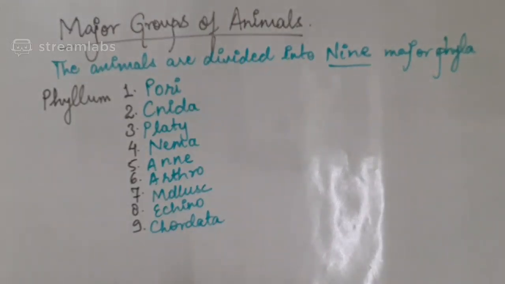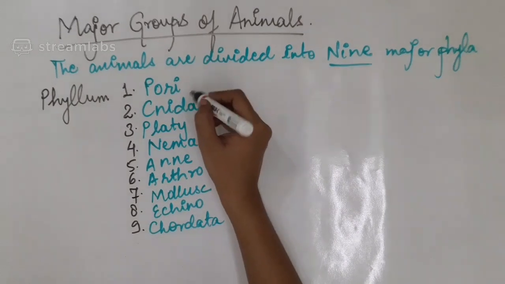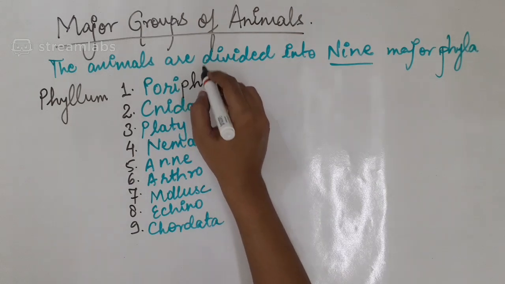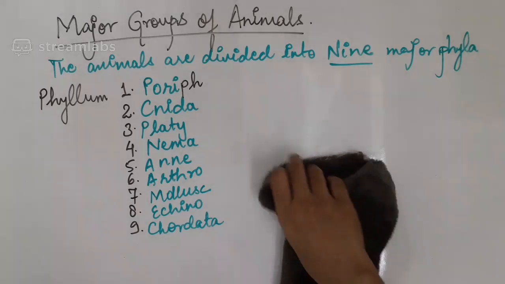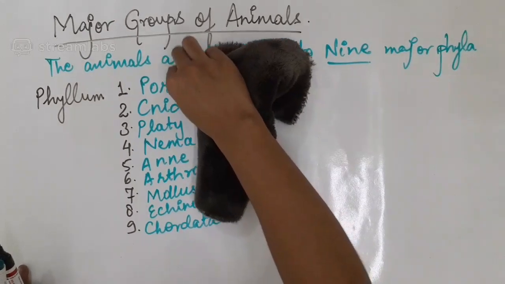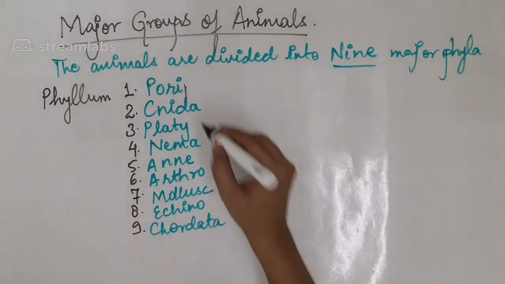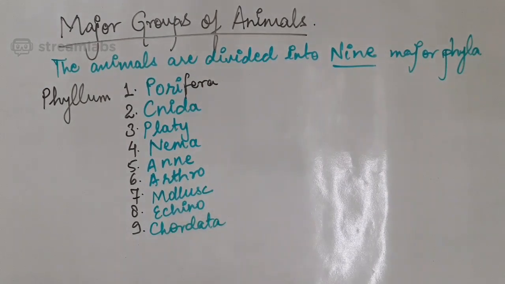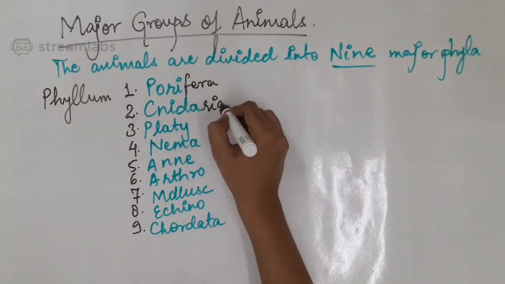This is the major division of the phylums. The first phylum is Porifera. Second one is Cnidaria.